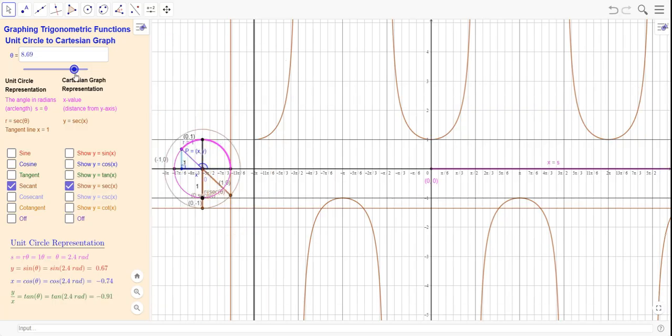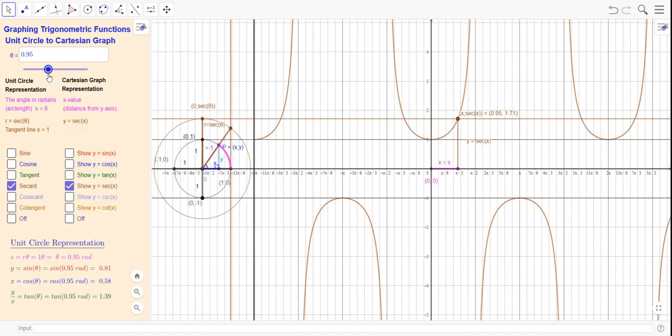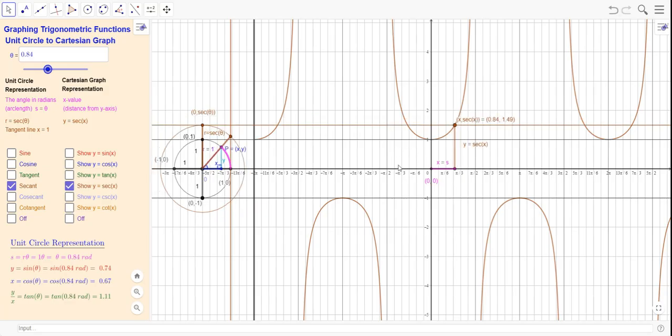As we might suspect, we get a period of 2 pi again. So from minus pi over 2 to pi over 2 gets this upper half, and from pi over 2 to 3 pi over 2 gets the other half, which is down here. It just repeats that pattern over and over again.